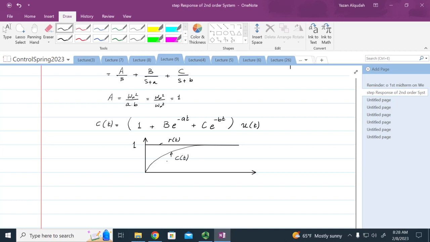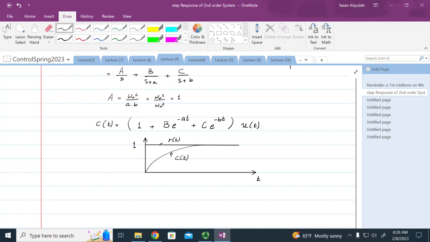How is it 0 at t equal to 0? At t equal to 0, this is going to equal 1 plus b plus c. How is it going to equal 0? Because B and C had the same denominator, and if they would have the same constants, then e to the 0 is going to be 1, and then they cancel.